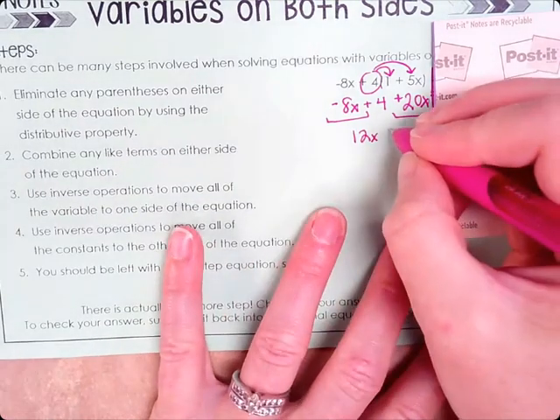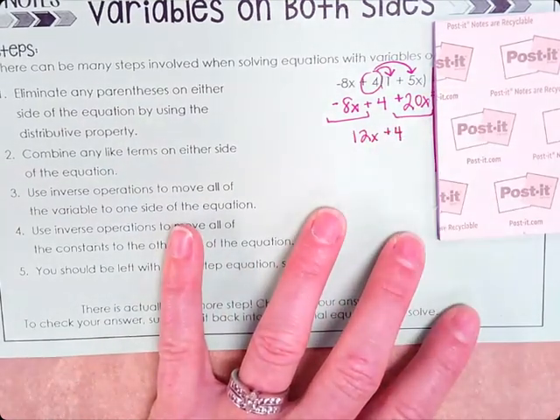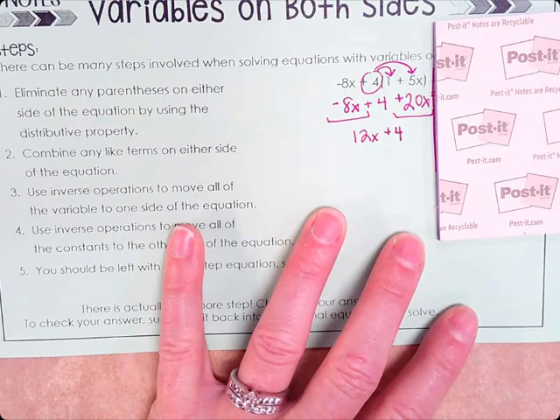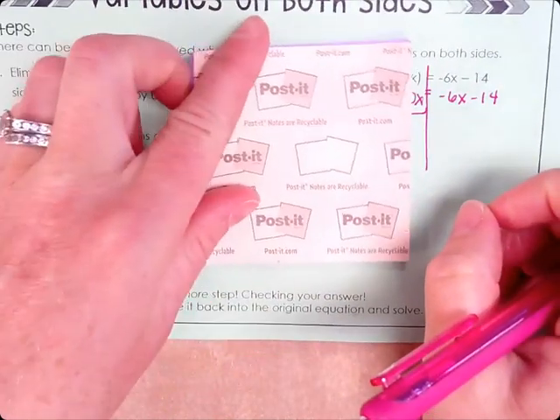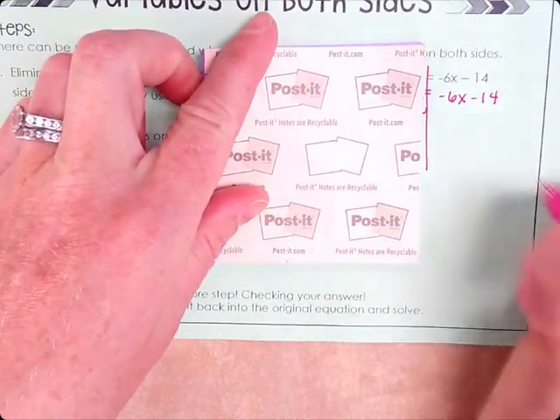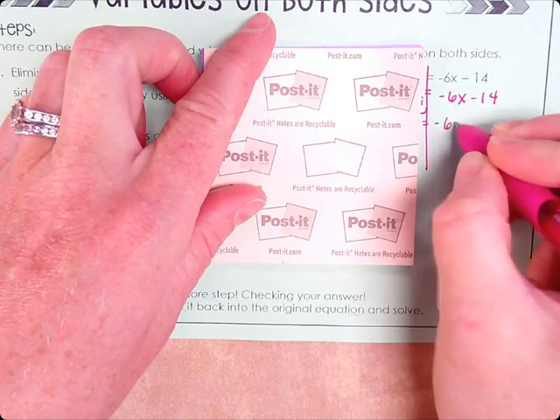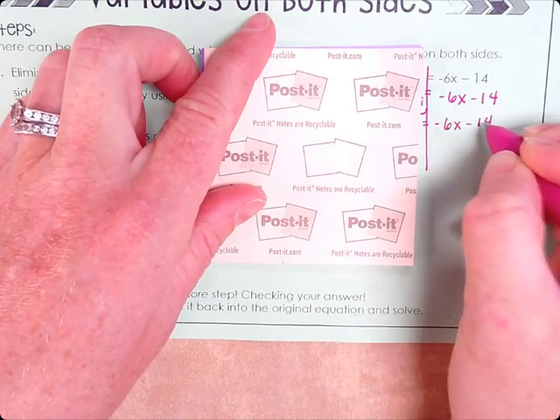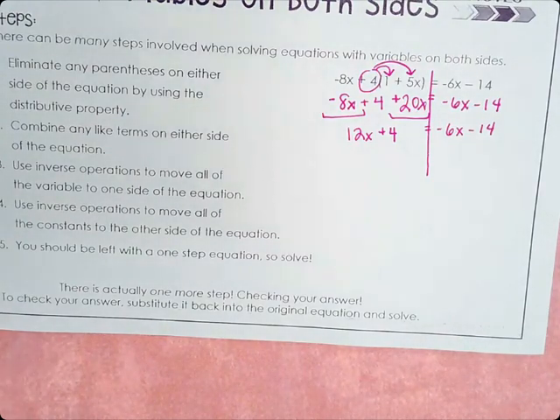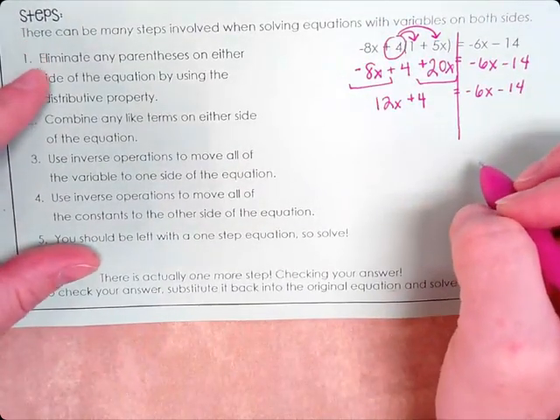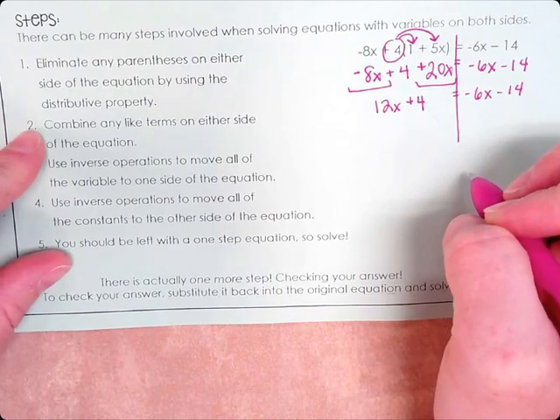And then plus 4, because I'm just carrying it down. I can't combine those because one's an x and one's not. Now look at the right side. And there's nothing I can do there, so I just rewrite it. Okay, so I did step 2.